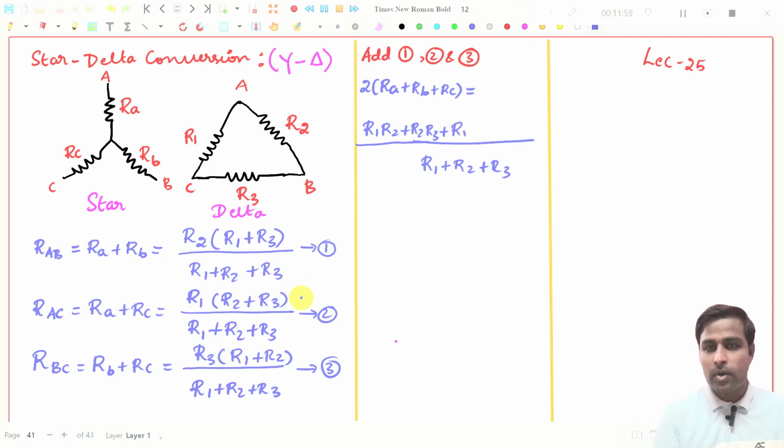So R1 R2 plus R1 R3. I don't have space, so I will just rough it out.